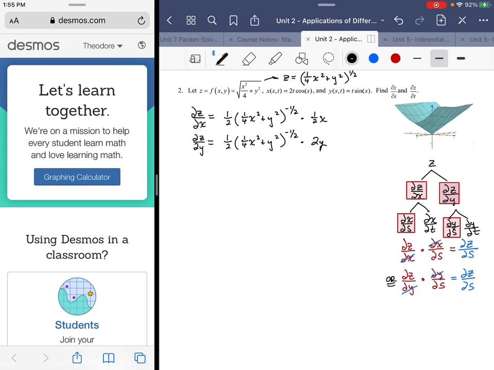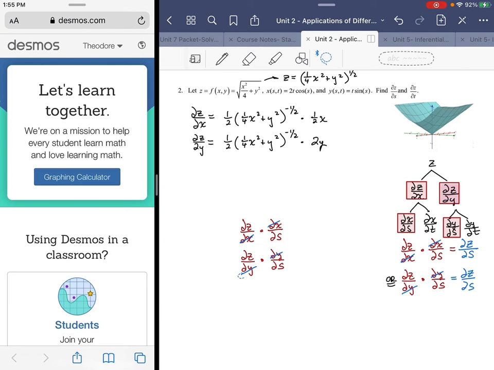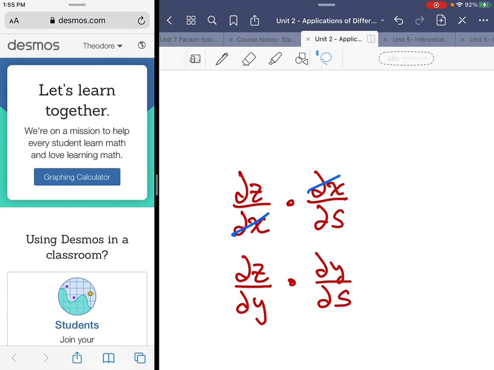All right, so for this, I actually need everything that I have here in order to come up with partial z with respect to s. So I'm just going to reorganize it a little bit. Get rid of these, because I'm actually going to use this information, because I can't just conjure up a partial z with respect to s out of thin air.